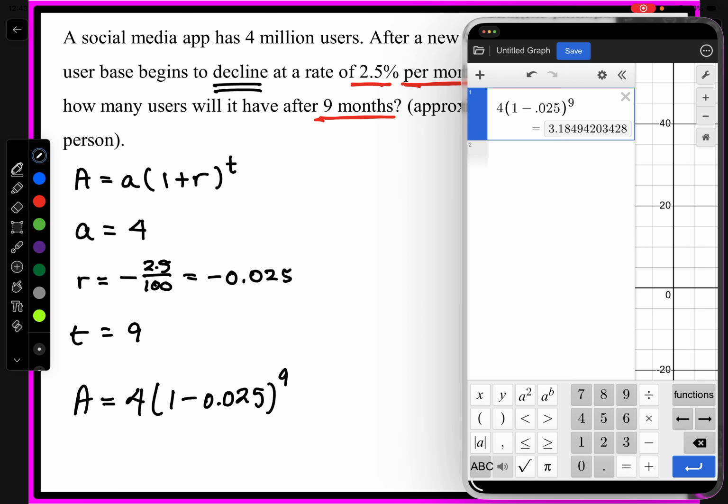So there's going to be 3 point... We'll just say 3.1 million people. So A is equal to 3.